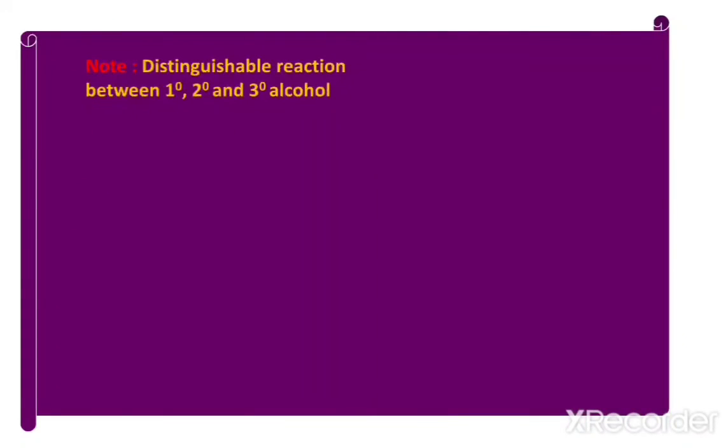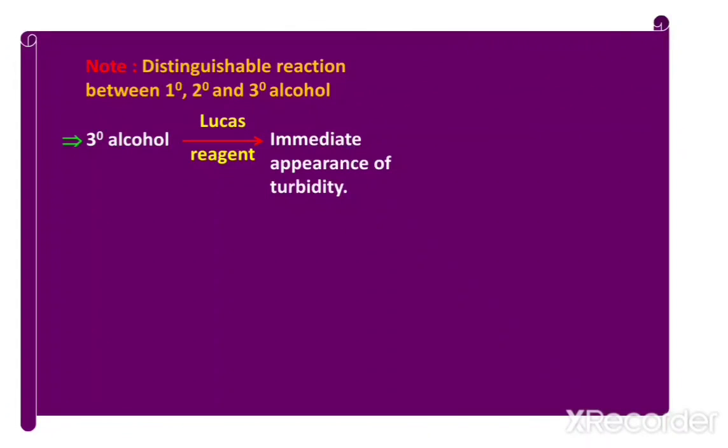Here is the summary of the distinguishing reactions between primary, secondary, and tertiary alcohols. How will you identify whether the given alcohol is primary, secondary, or tertiary? For tertiary alcohol, if you add the Lucas reagent and you get the immediate appearance of turbidity, then such alcohol is tertiary alcohol.